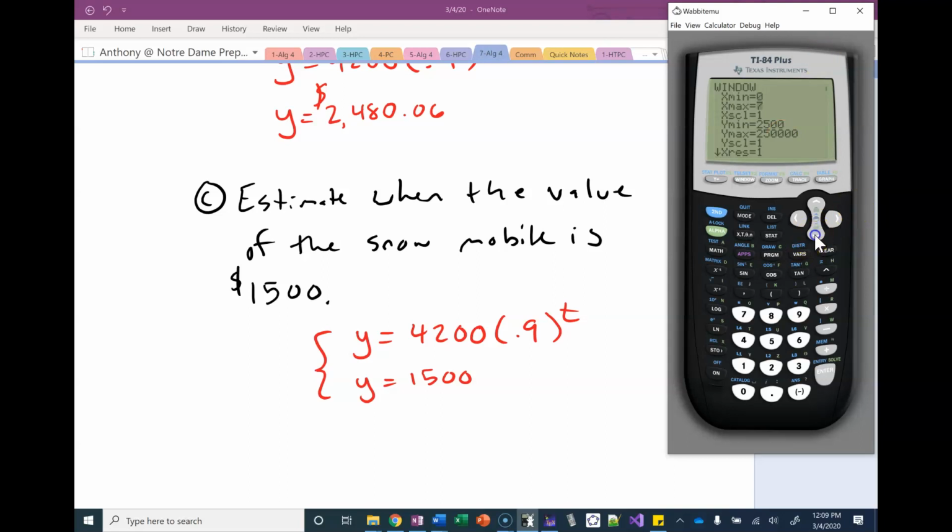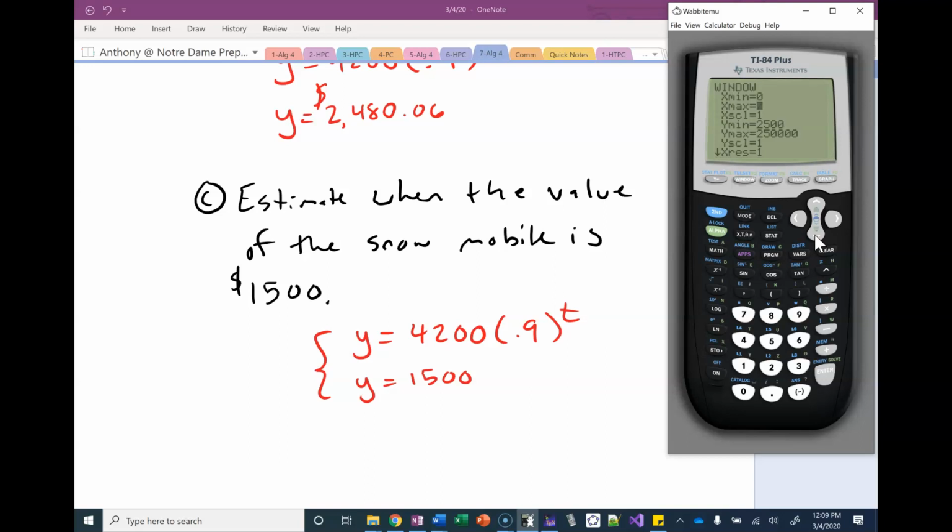In this case, do we have a good idea of what the x max should be? It's not really given to us in the problem, right? Well, we know it's going to be more than 5 because after 5 years, the value is more than 1,500 based on our previous answer, right?